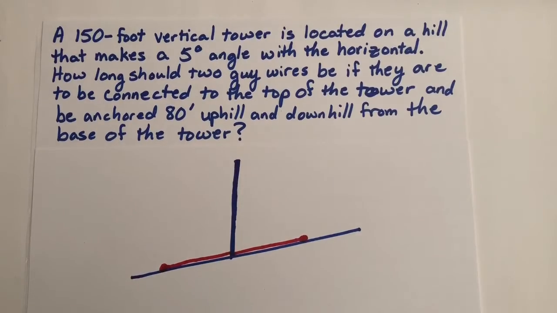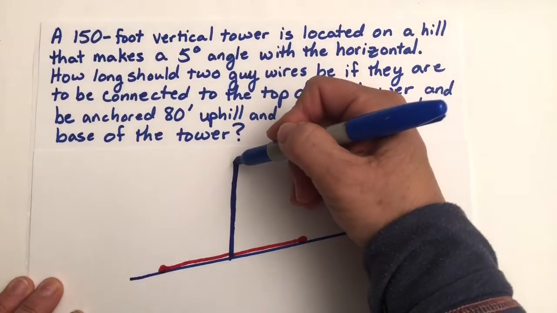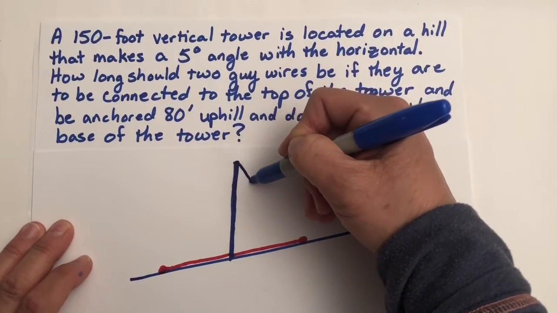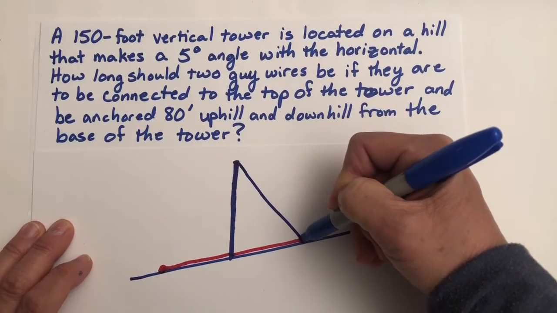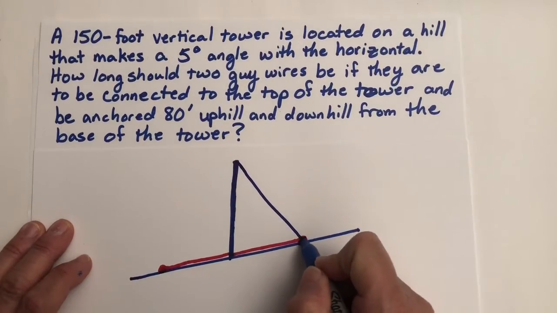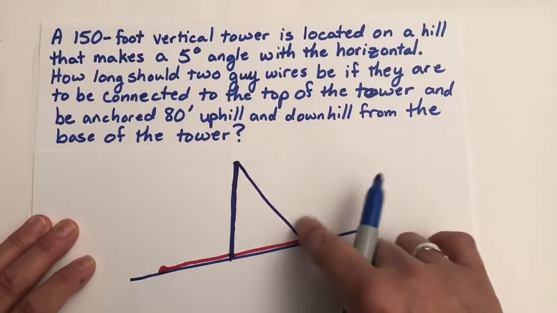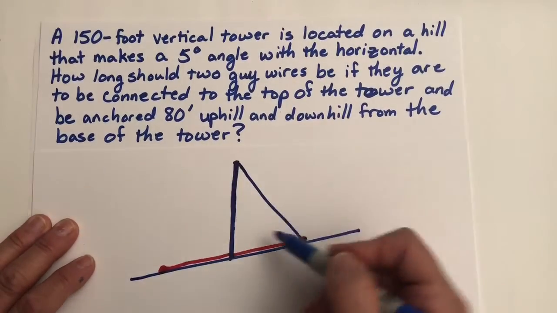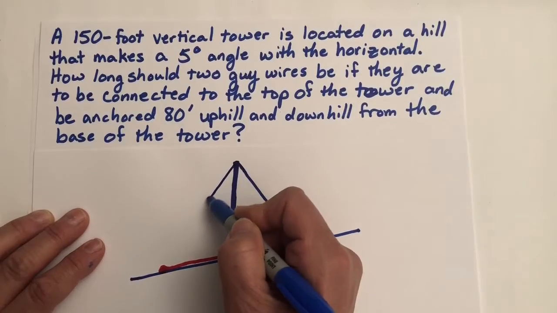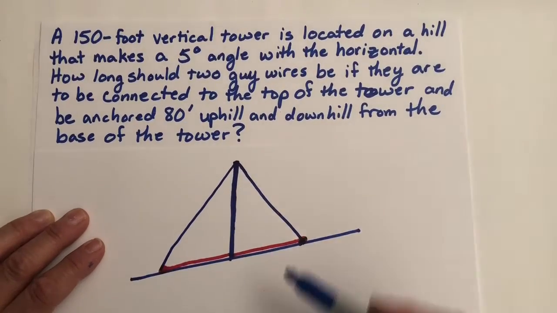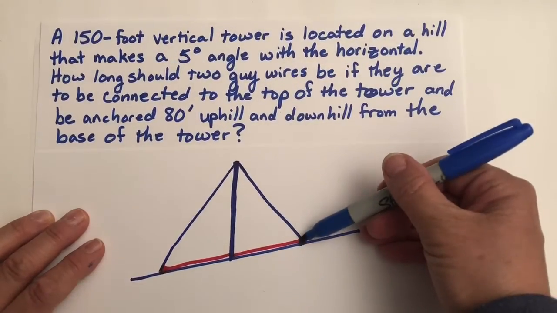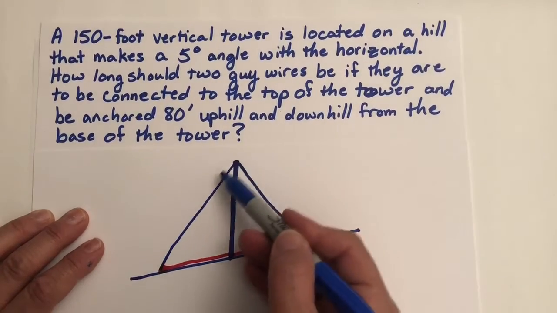And the guy wires from the top of the tower down to the place where they're anchored to the ground are what we're trying to find. We're trying to find out how long those guy wires are. So there's one guy wire, and here's the other one. Clearly this one on the upper side will be shorter than this guy wire down here.